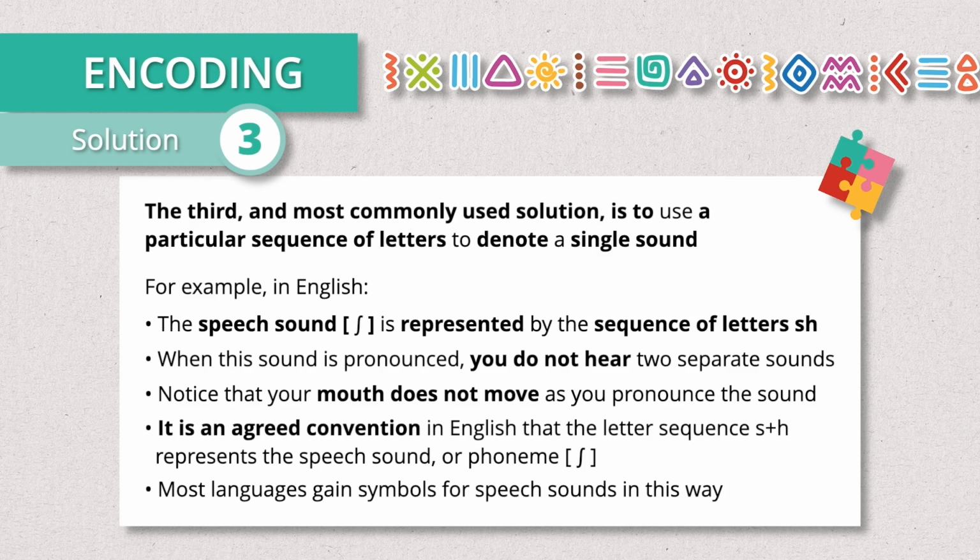Notice that your mouth does not move as you pronounce the sound. It is an agreed convention in English that the letter sequence SH represents the speech sound or phoneme sh. Most languages gain symbols for speech sounds in this way.